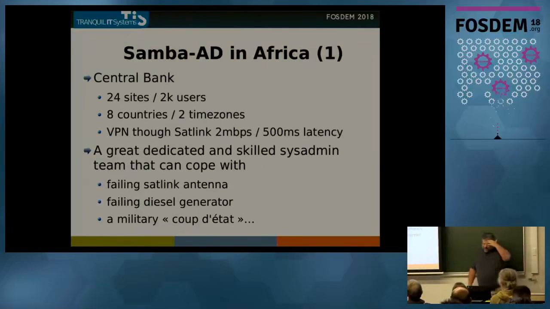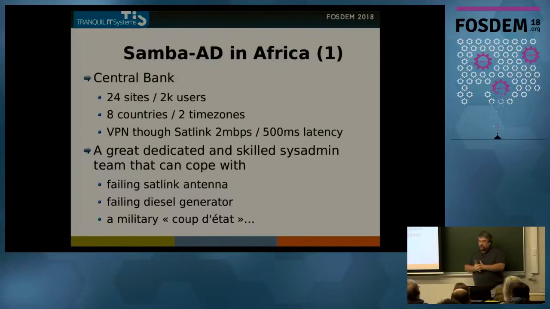An example I took 2 years ago at SaMBa XP, and that was quite a nice one. In Africa we had central banks that were using SaMBa 3 and NT4, and for security reasons they had to migrate to Active Directory. In those countries they tried to be an example for other companies and to show that free software can be used and can save money.